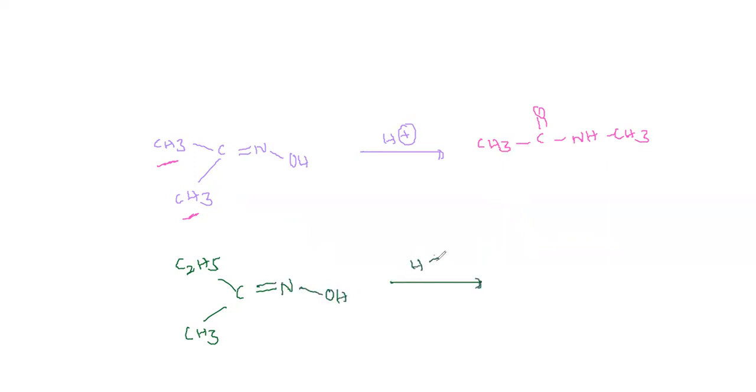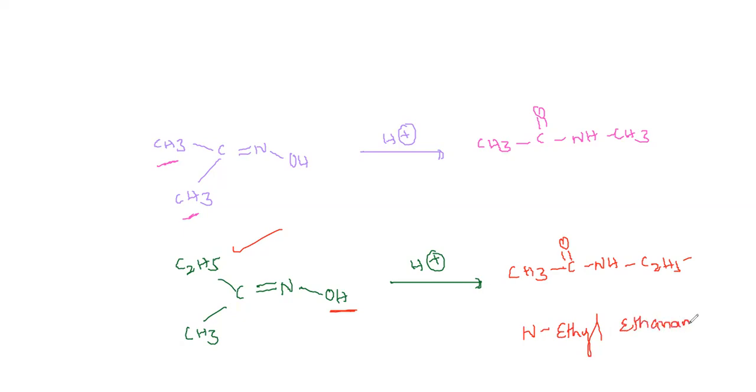In this case, which one is involved in the migration? The one opposite to the OH group. This is the ethyl group. So CH3, then C double bond O, NH, then C2H5. So it is N-ethylethanamide. This is alkyl group shifting.